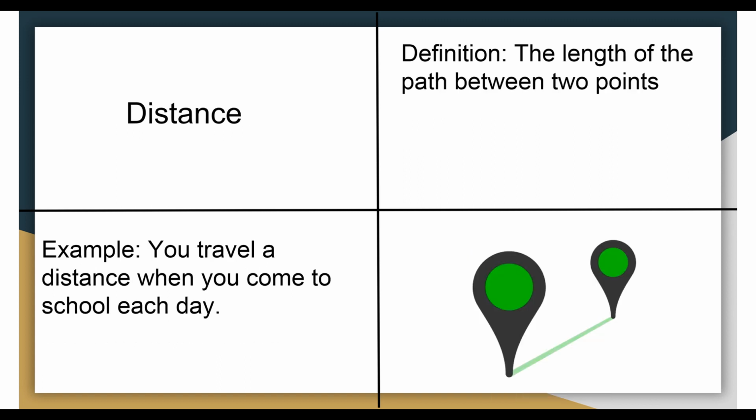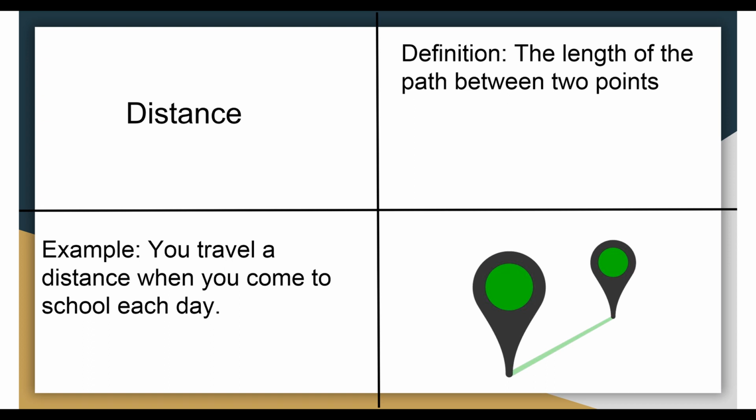Now the final one is a word I am sure you've used regularly and you know, and that's going to be distance. And I've already even mentioned it in this video. The definition is the length of the path between 2 points. So our example is you travel a distance when you come to school each day. You travel a distance all the time. Basically, if you change your location at any point, you're traveling a distance. Now later we'll talk about something called displacement and how that is technically different, although they can be the same.